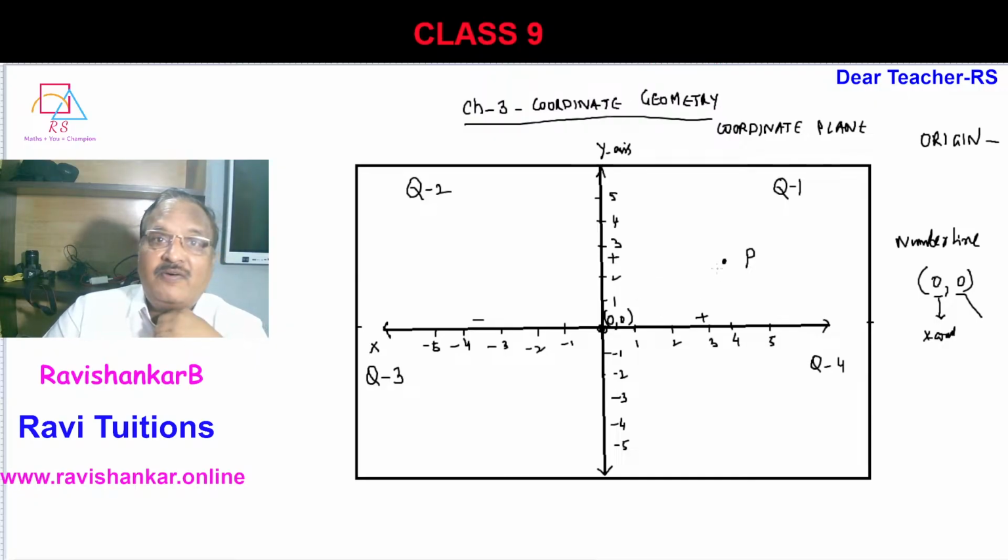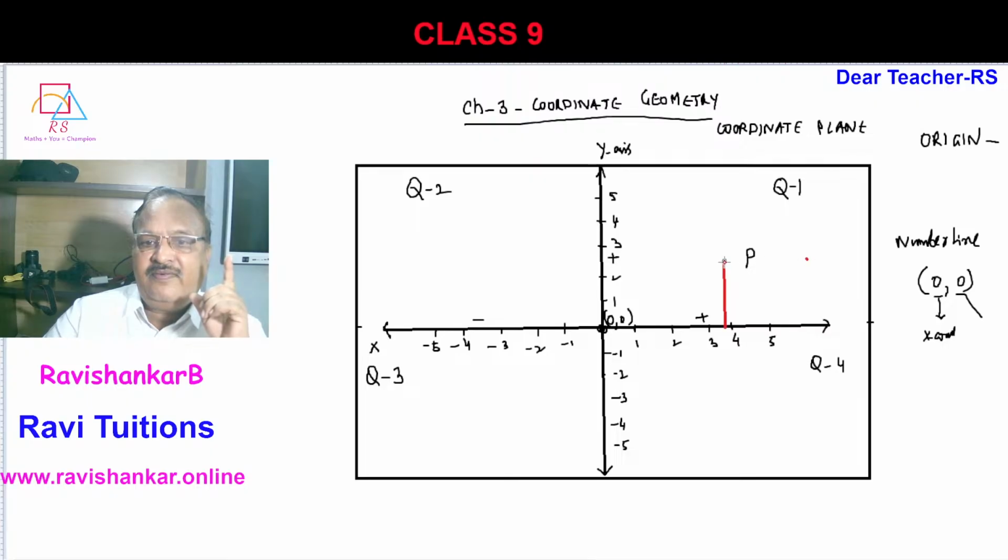So now our target is to locate P. It is above the x-axis and on the right side of the y-axis. So let us find the distance. If you draw a perpendicular, it will come like this, 3.5.